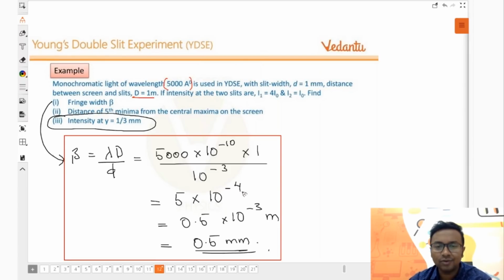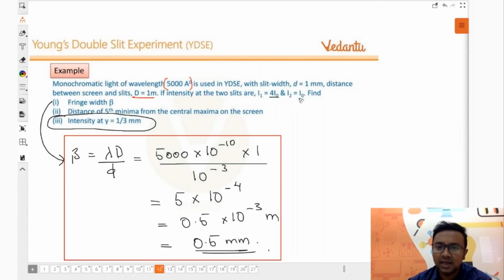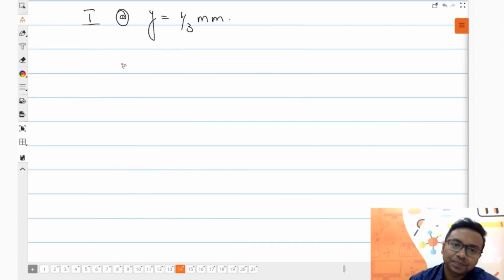From there, you find the corresponding phase difference and then use it in this equation, because I1 and I2 are given to you. If you look at it, I1 is this, I2 is this. In that equation, you require this. Once you get your phi, you should be able to easily calculate your I. All right, so let's go ahead.